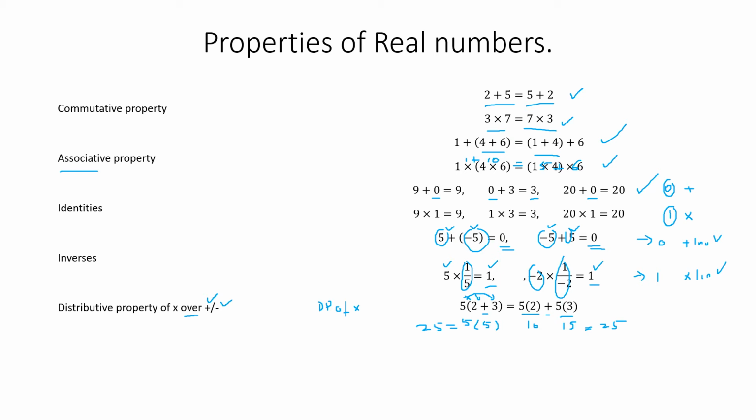There can be three terms inside the brackets, then we say over addition and subtraction together. Let's take another example. Now this time 5 is multiplied from the other side, so the side doesn't make a problem. Again, it is distributive property.